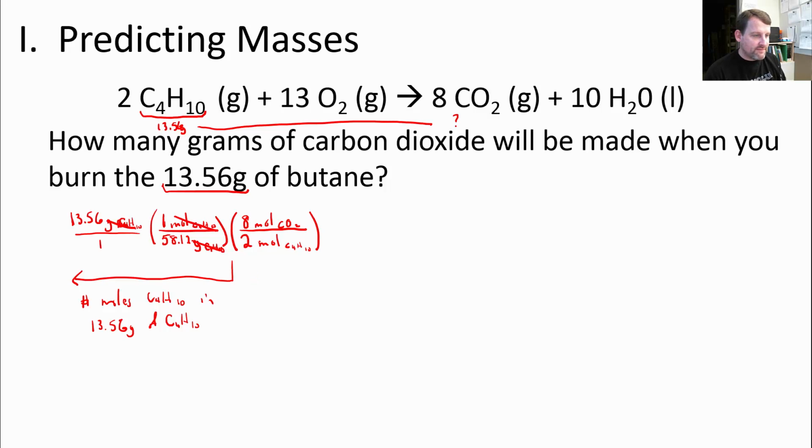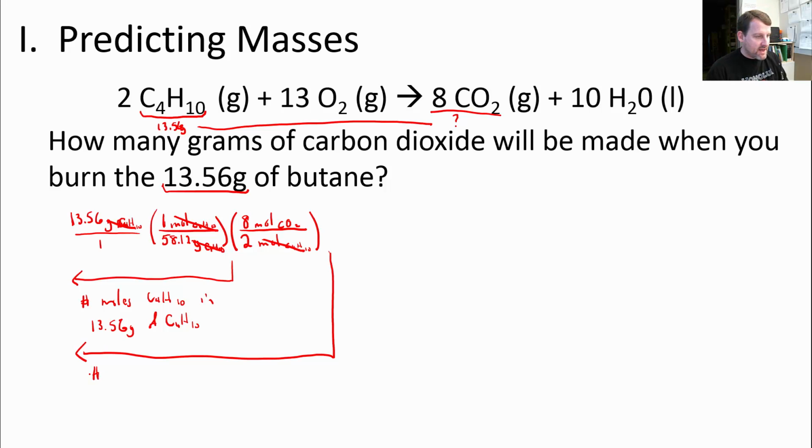So moles of C4H10 cancel out. Now the question is, what does this number mean? So from this point over, all 3 of these things together, this tells me the moles of CO2, and because it's a product over here, I'm going to change my language. I'm going to say this is the number of moles of CO2 that will be made if you burn 13.56 grams. Notice how my explanation always comes back to my starting number.